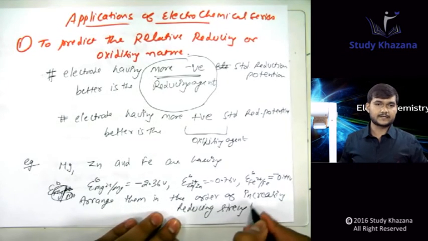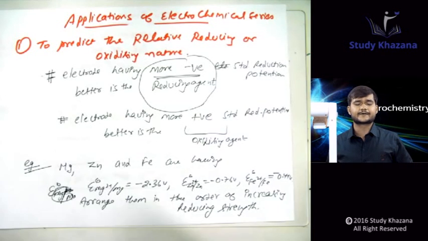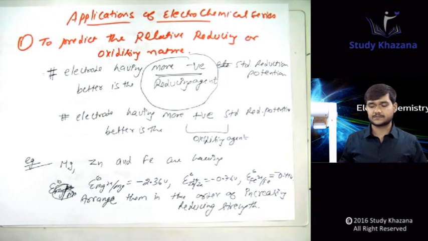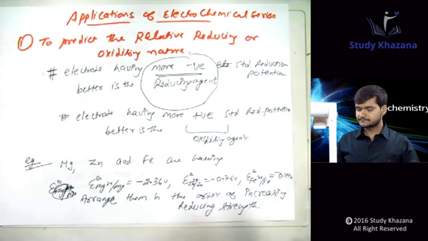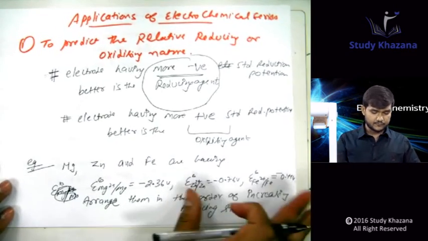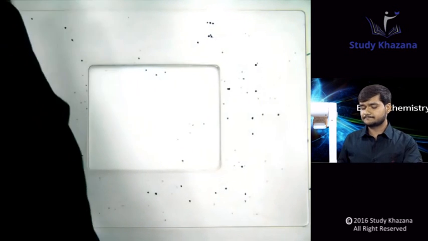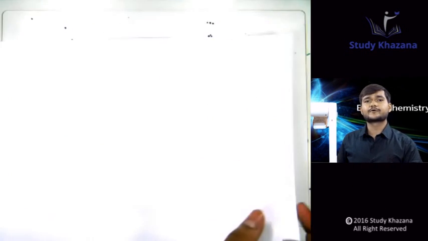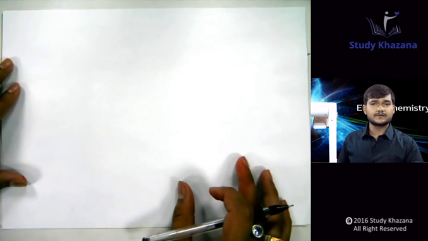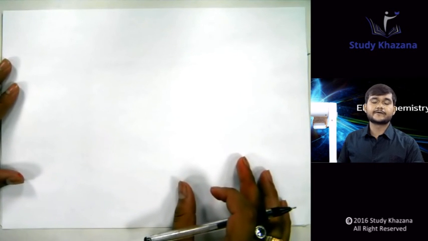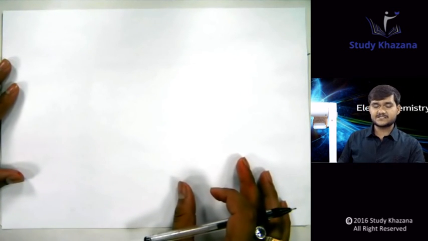Okay, so what I have given you is an example. The electrode potentials of magnesium, zinc and iron are given to you, and you have to arrange them in the order of increasing reducing strength. Now, what I have told you: the electrode whose electrode potential is more negative is the better reducing agent.